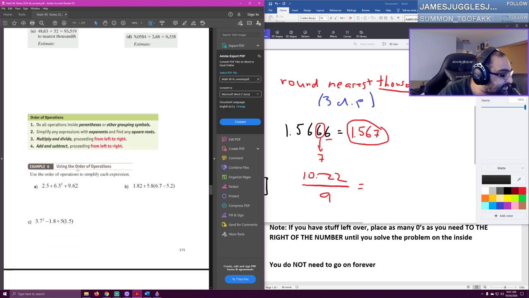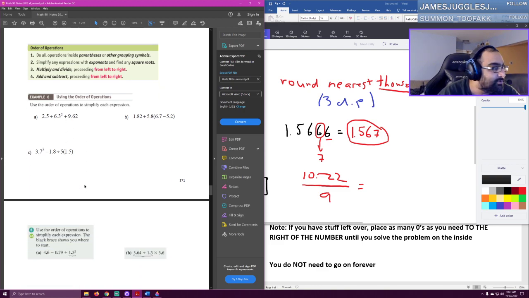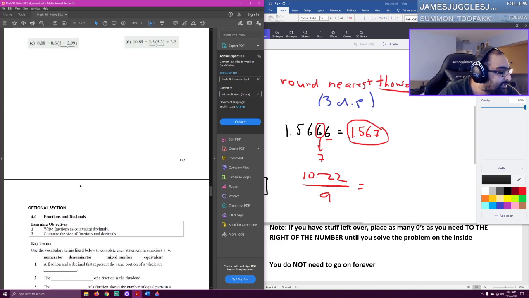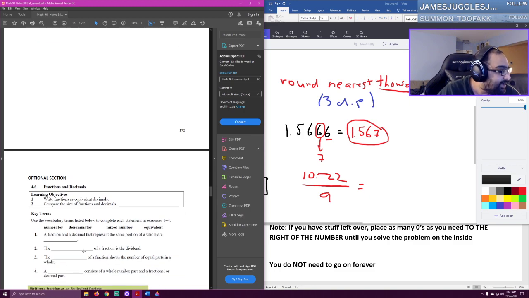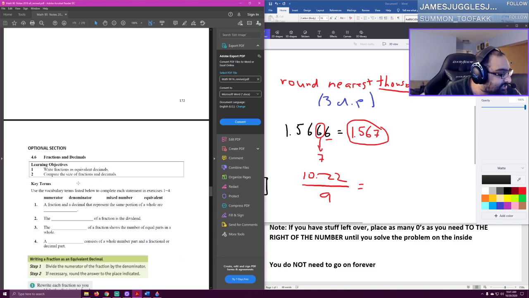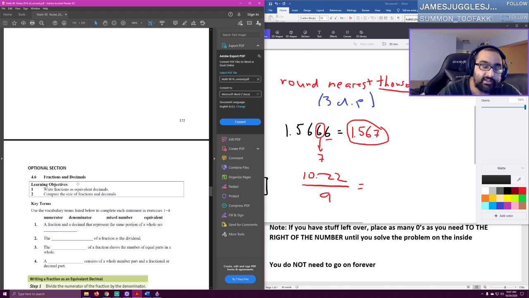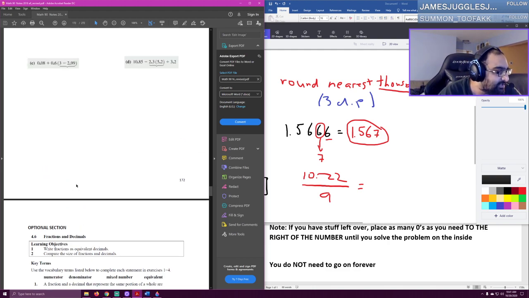Then we're going to do order of operations with decimals because we really haven't talked about that yet. I may also talk a little bit about section 4.6, which is a completely optional section. I'm obviously not going to go over all of it, but at least a different way to think about numbers and decimals.